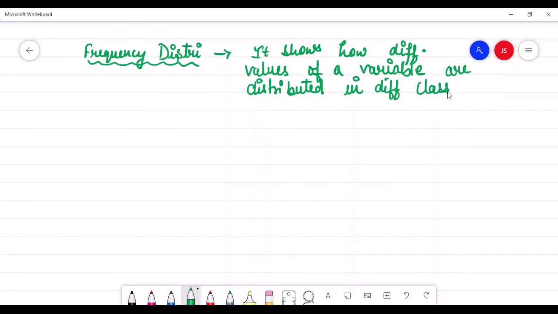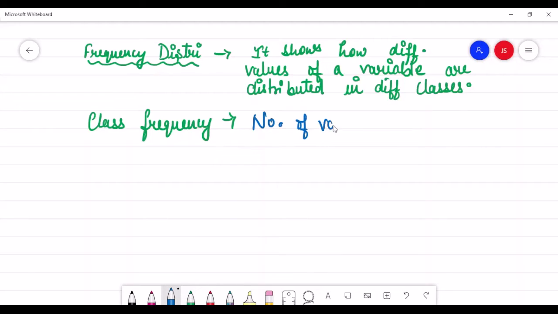Now what we need to learn is what is class frequency. Write it down, class frequency. So what is a class frequency? Class frequency means the number of values in a particular class.